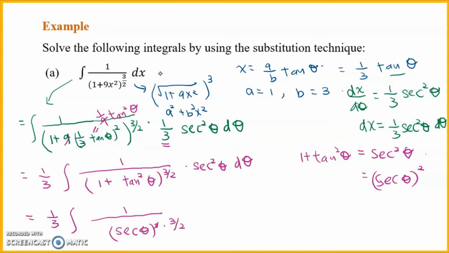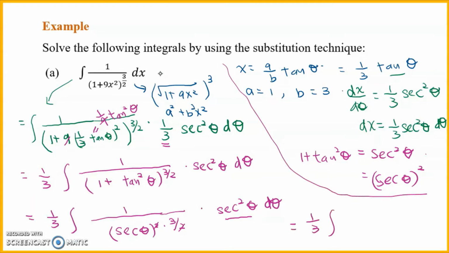So these 2 and these 2 can be cancelled, and times secant square theta d theta. Here we have secant theta to the power of 3 times secant square theta. So we can simplify it to 1 over 3 and then 1 over secant theta d theta.